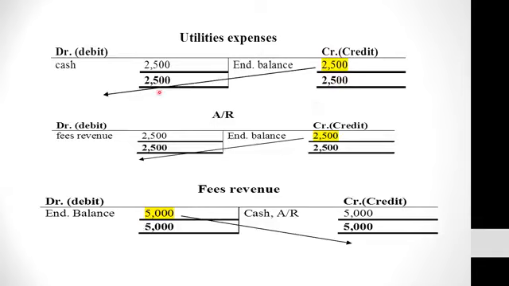Then we say 2,500 minus 2,500, 0, so no balance here. But 2,500 minus 0 equals 2,500. This figure is calculated, we didn't bring it from the journal. This is the calculation. This is the balance.